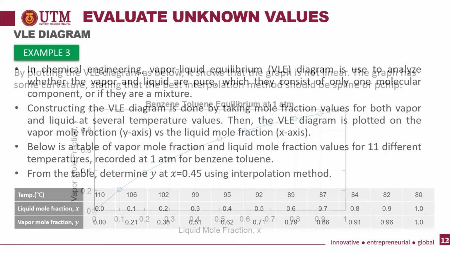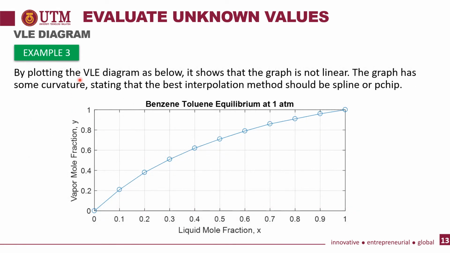By plotting the VLE diagram as below, it shows that the graph is not linear. The graph has some curvature, indicating that the best interpolation method should be spline or pchip.